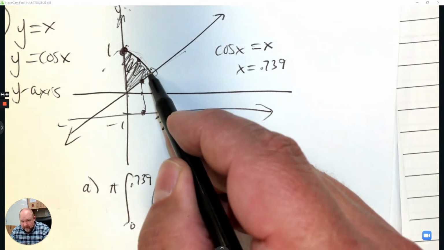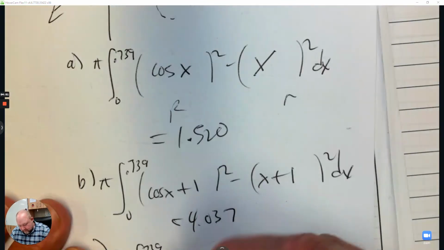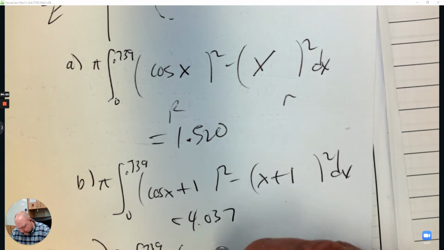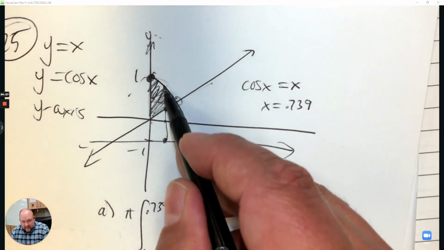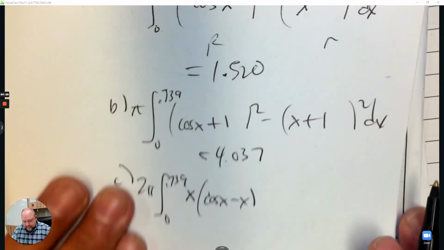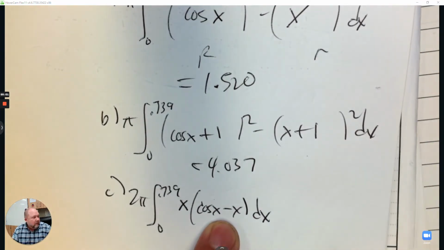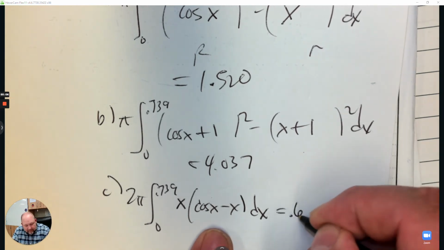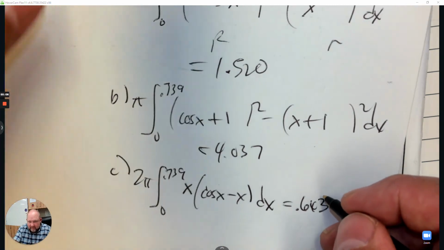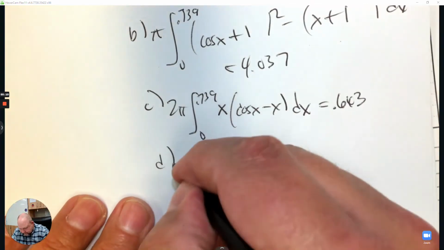So that's cosine subtract x for the height. So we have the x-coordinate, and then the height of it is top subtract bottom. That answer is about 0.643. And you use your calculator.